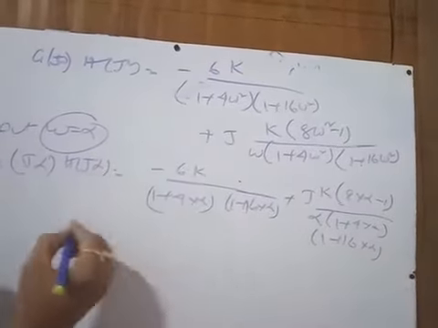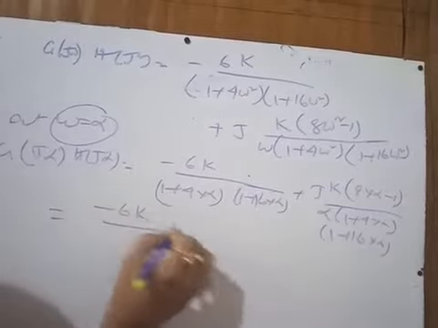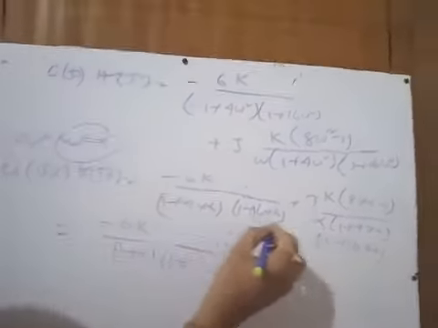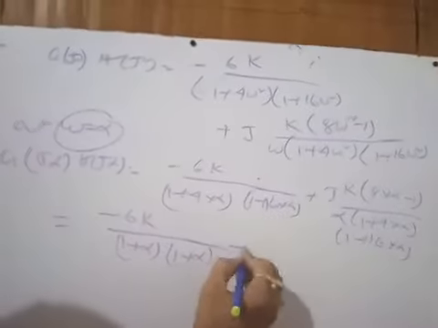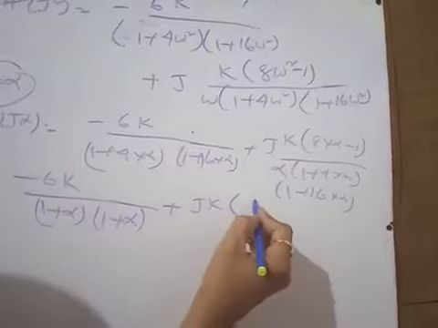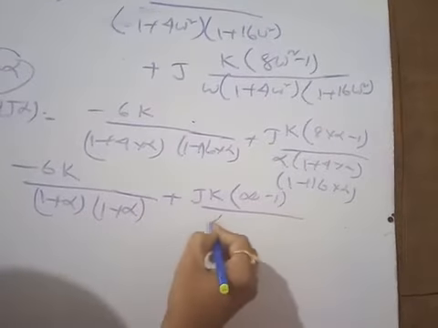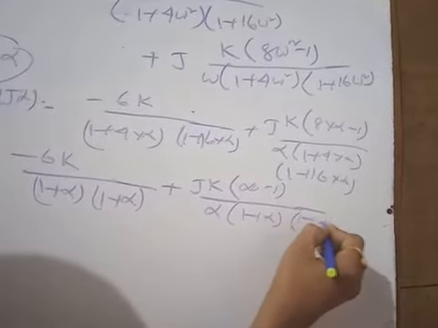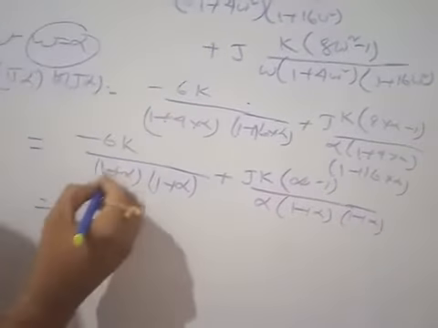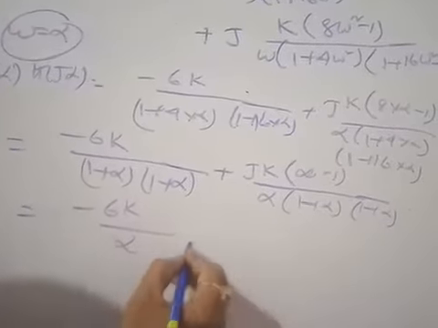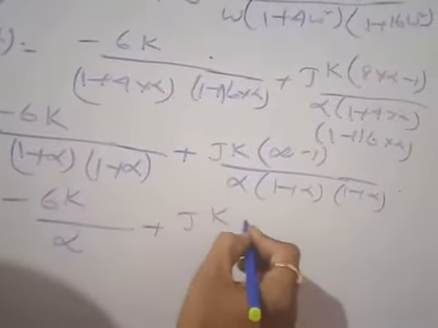Now this part: minus 6k by infinity into infinity means infinity, plus jk. Now 8 infinity means infinity, so infinity minus 1 by infinity, and 1 plus infinity means 1 plus infinity. So you get minus 6k by infinity, no problem, plus jk into infinity by infinity.